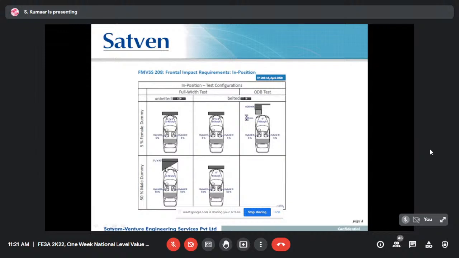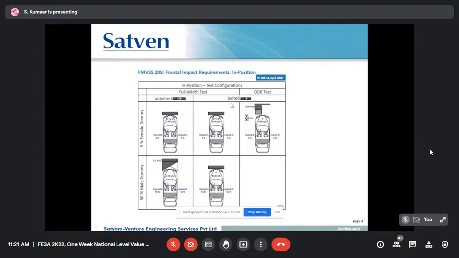In unbelted mode, the speed is 30 to 40 km/h, but it is an angular shape. So it is not the direct full width impact, this is an angular impact. In the angular impact, they are keeping the Hybrid 3 50% dummy on the driver and passenger side.